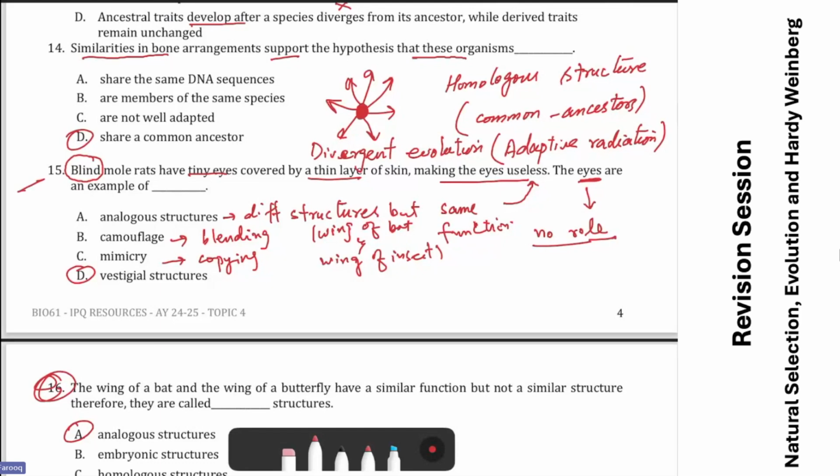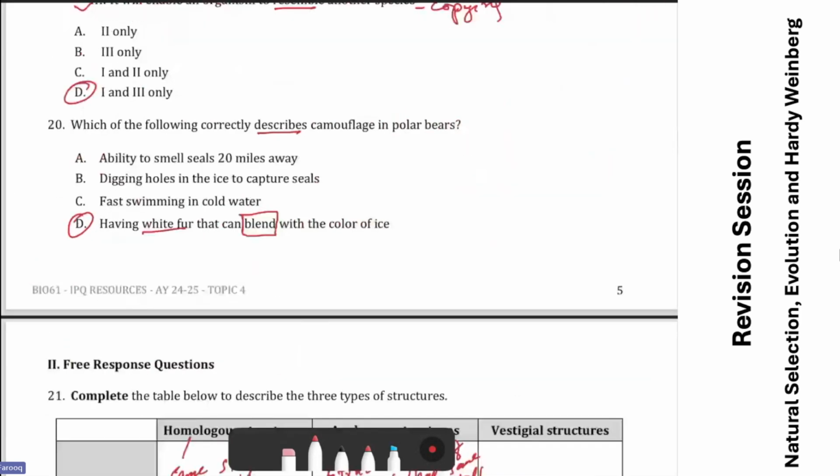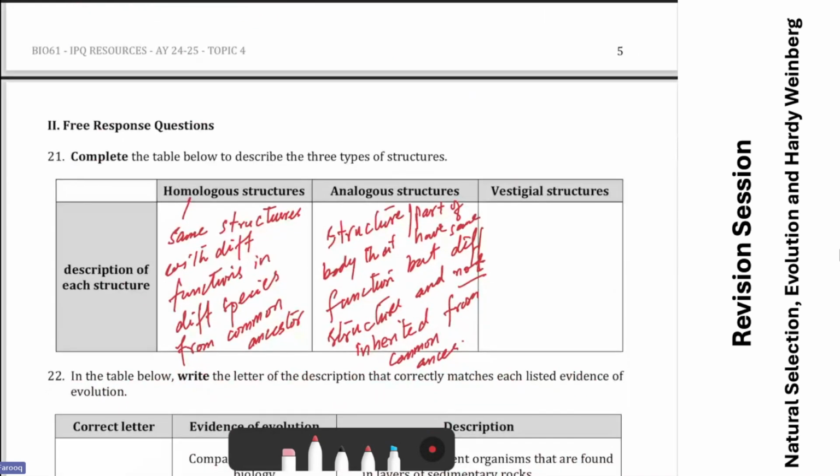Yeah, here, this one. So the blind mold, so you can put the example as in the vestigial structures, like the structures that are reduced forms. So you can say over here structures with reduced forms or no function, then you can say them as vestigial.